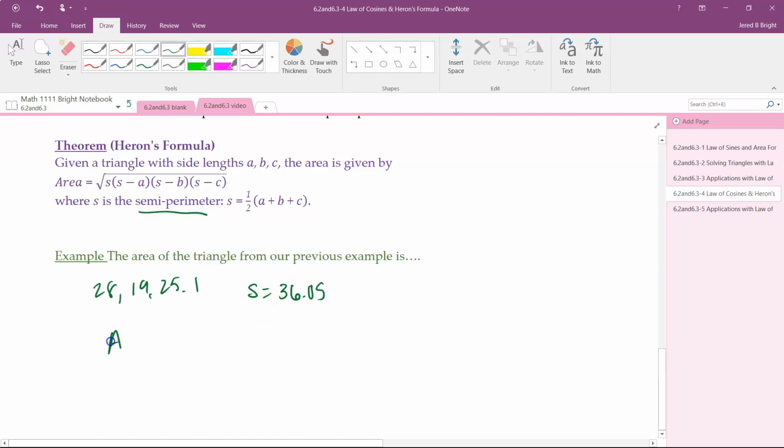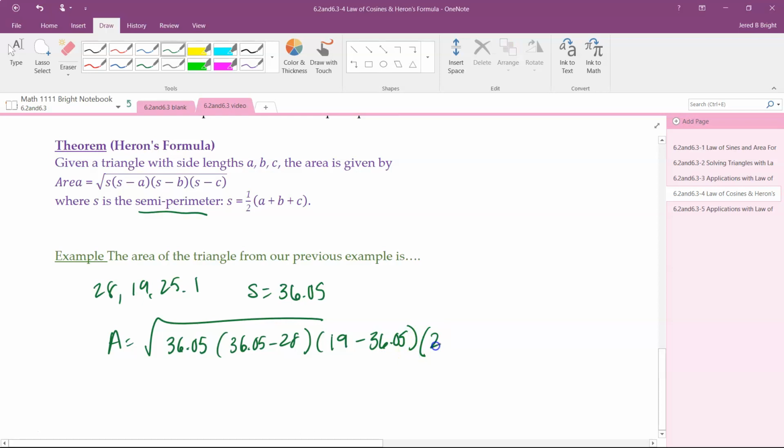So then the area here would just be square root 36.05 and then 36.05 minus 28. This one, it is a little tedious with the calculation, but it is okay. Minus 36.05 and then times 25.1 minus 36.05.